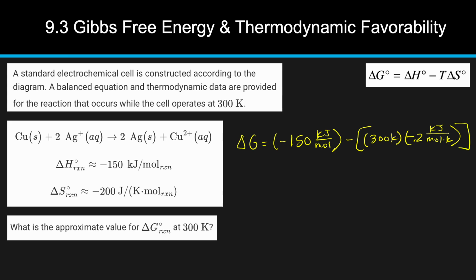And that's because I divided it by 1,000 to get it into kilojoules. So T delta S comes out to negative 60 kilojoules per mole. Then I take my negative 150 kilojoules per mole and subtract the negative 60. So I'm going to end up with a value of delta G at negative 90 kilojoules per mole.